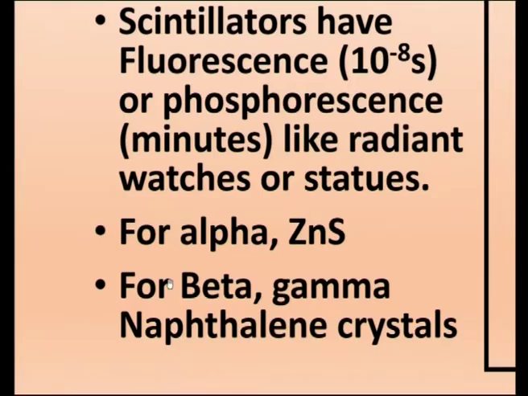For beta and gamma, naphthalene crystals are suitable. So we can use different types of phosphor, and accordingly we can detect different particles, with either phosphor or fluorescent material. So we have different materials, and depending on that any particle can be detected.